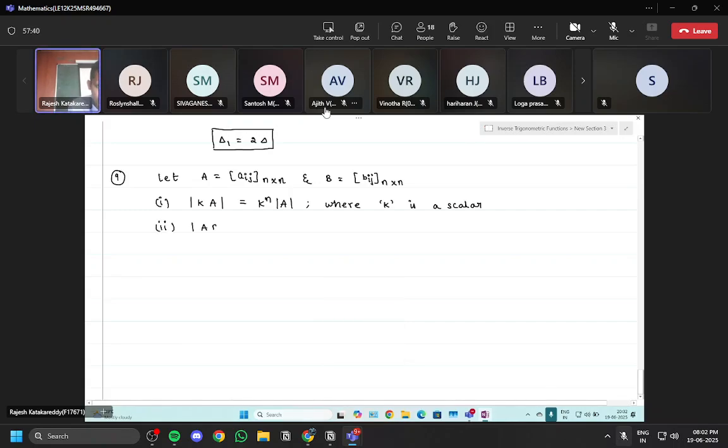Determinant of A into B is equal to determinant of A into determinant of B. We say the determinant of matrices is distributive over multiplication. It is not distributive over addition or subtraction. Matrix division is not there. Third, the determinant of A power n is equal to determinant of A, power n, where n belongs to natural numbers.